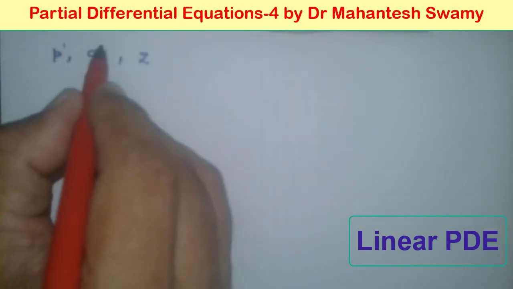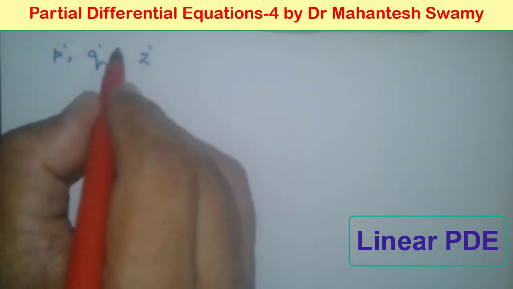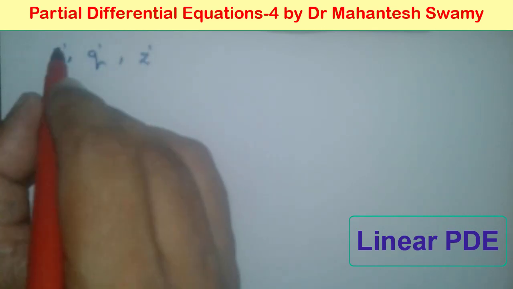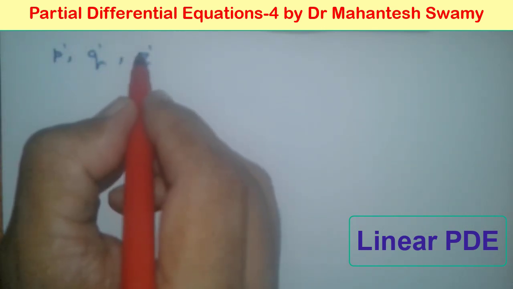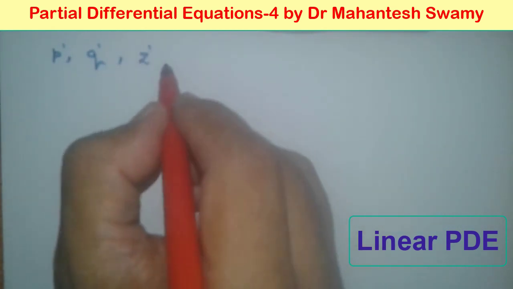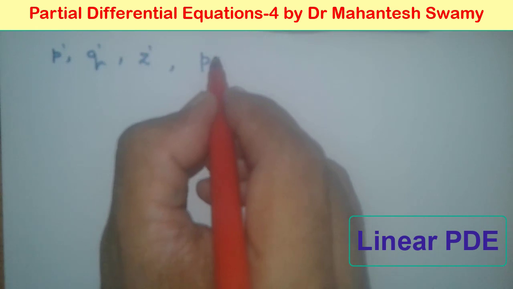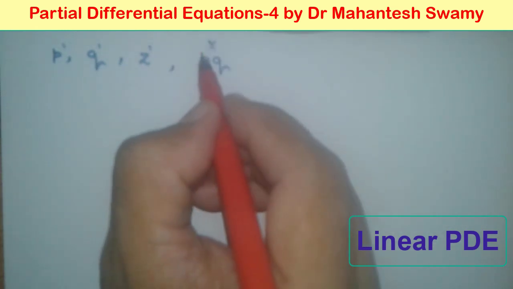So these all must be of first degree, they must not be of higher degree in the given PDE for the PDE to be linear, and no two partial derivatives are multiplied together, that is there should not be terms like p into q. This type of terms are not permitted.